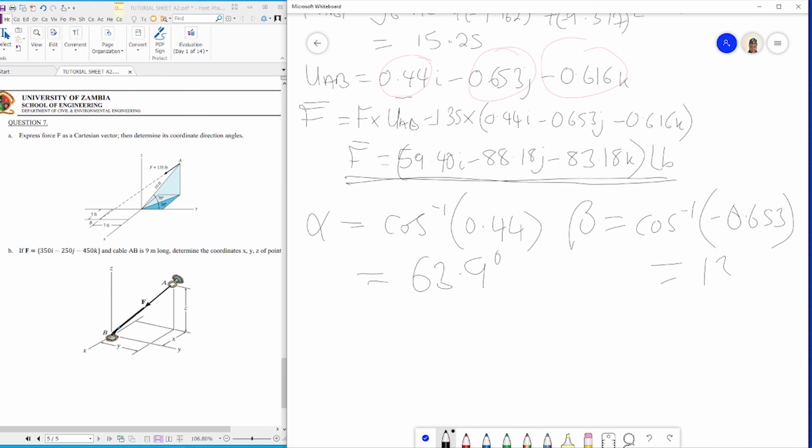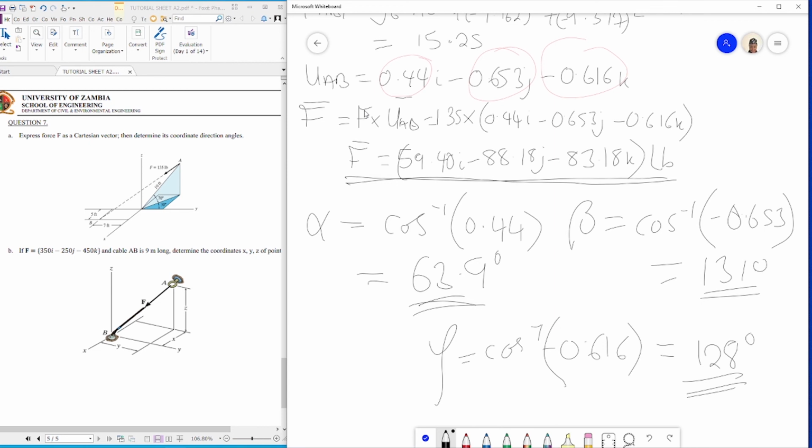And gamma is equal to cos inverse of negative 0.616, which is equal to 128 degrees. So we found the direction angles.